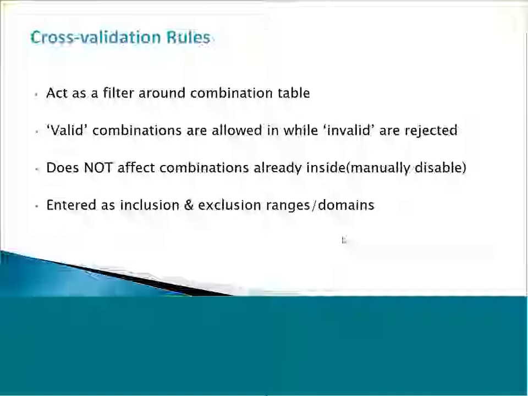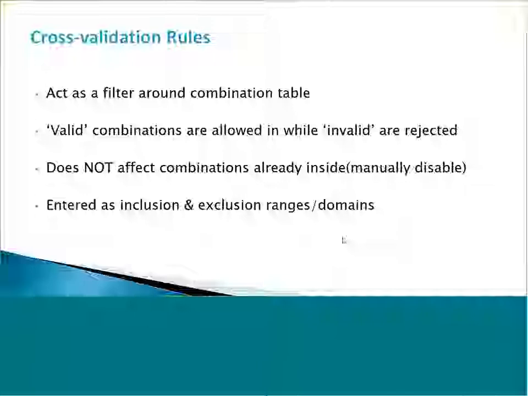So all the combinations that exist in the combinations table and are enabled are the ones which are allowed to be used by the end user in entering journals or doing account inquiries and so on. So invalid combinations are rejected by the cross-validation rules, so they are not allowed to be used by the end user.